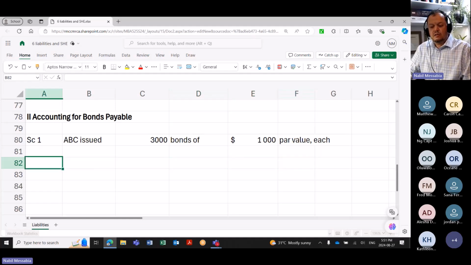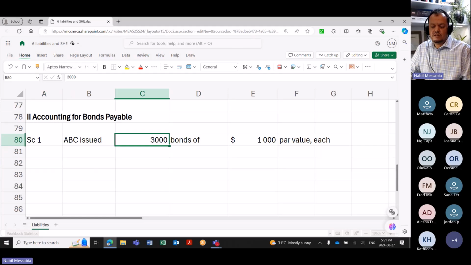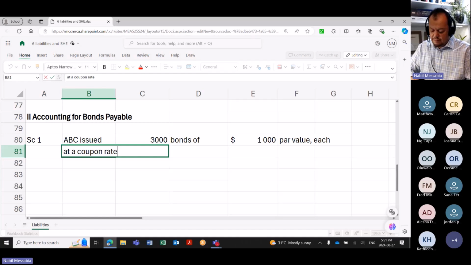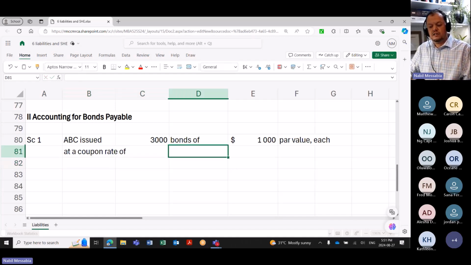Let's consider these. We need some data, of course. Issuance of 3,000 bonds of $1,000 par value each at a coupon rate, which is also called the stated rate, the rate of interest, let's say 4%.